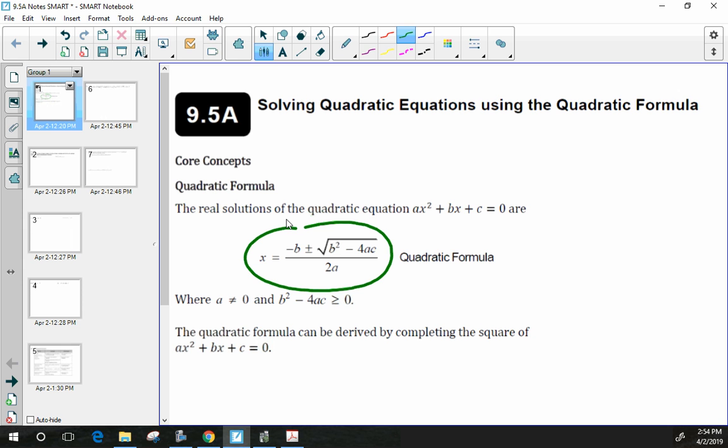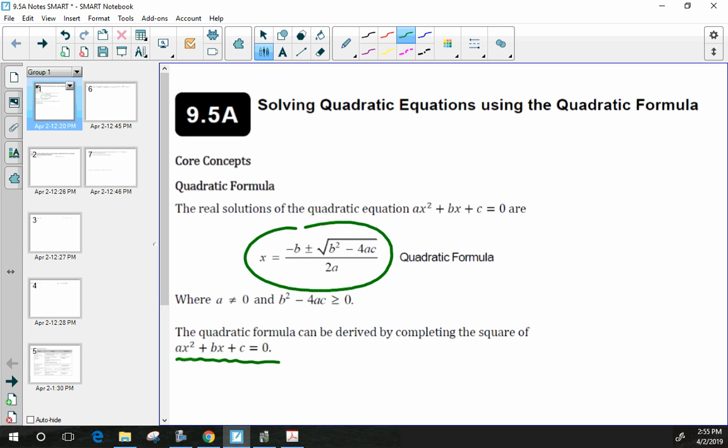So if I took this ax squared plus bx plus c, and I completed the square like we have in the last couple of days, okay? Move the c to the other side. I would get minus c. Divide everything by a. A would be in the denominator, right? Then complete the square with b over 2 to the second power, on both sides.